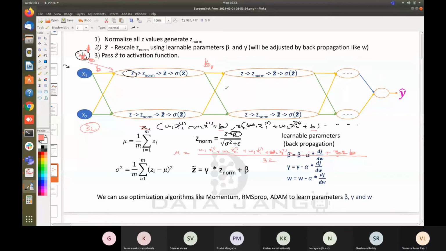In the same layer, the second neuron, the same B will go here also. The green weights may be different, the yellow weights may be different, but B is going to be the same. So the intercept term is the same for all the neurons, for all the records in the batch.